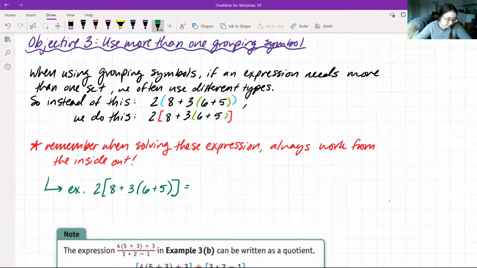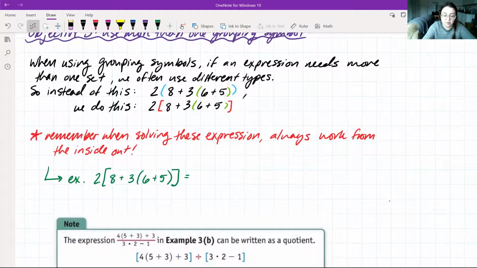So we have 2 times 8 plus 3 times 6 plus 5. So the first thing we want to do is solve 6 plus 5. This is first. I'm just going to write the number 1 instead. So this is first. So we're going to write everything else the same.